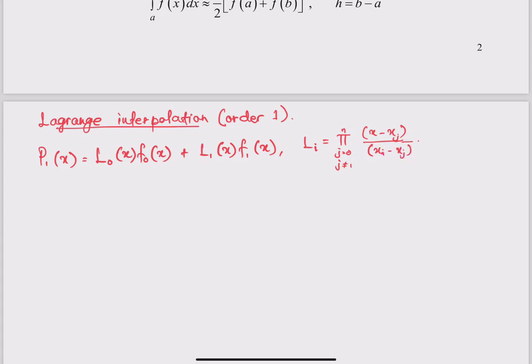So in other words, this is also a little bit of revision for you. Here we need to find our L0.